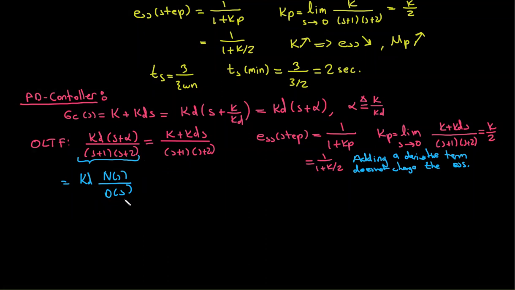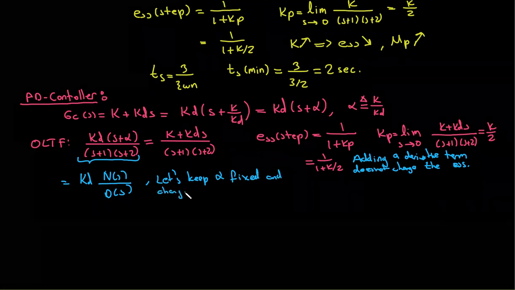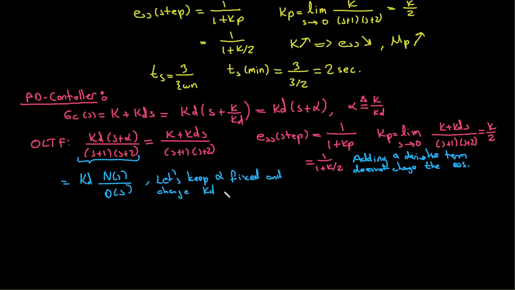Okay, so let me write that like so. Let's keep alpha fixed and change kd from 0 to infinity. Okay. So then I can plot the root locus for the closed loop transfer function. Okay, so let me do that.